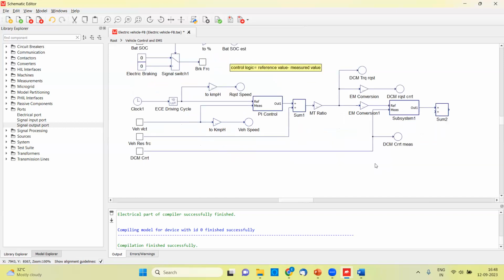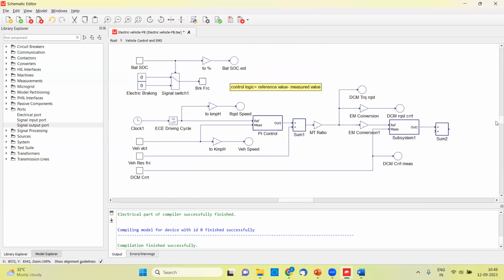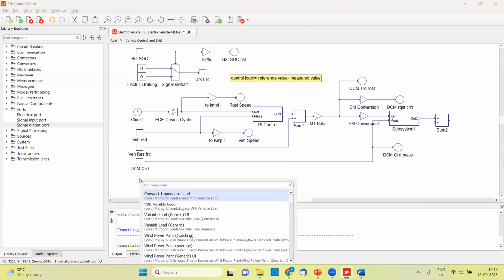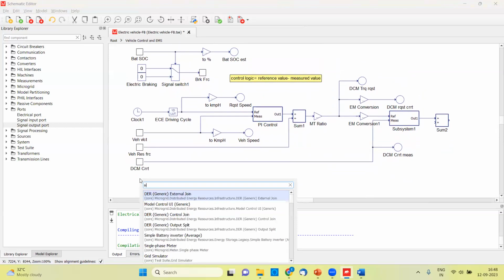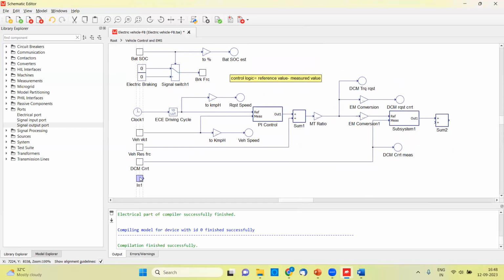So we have two more components. Signal input we will be using. This one is the back EMF. If you remember, we were taking the back EMF also into consideration.